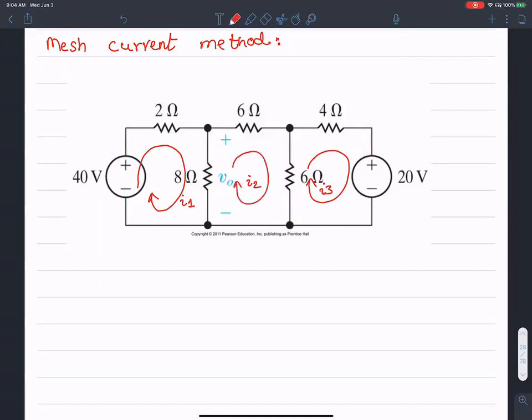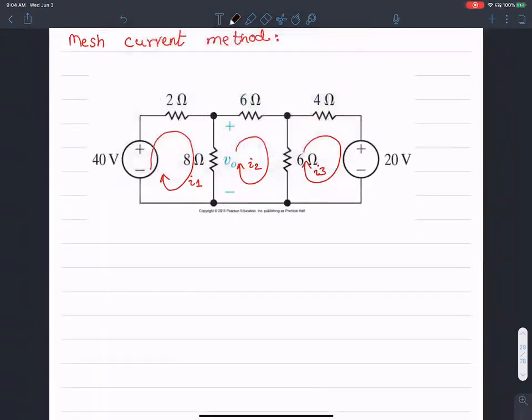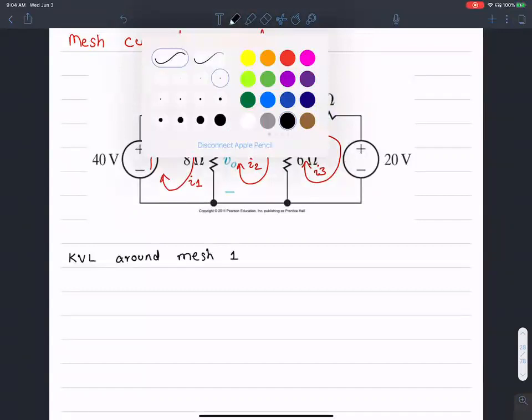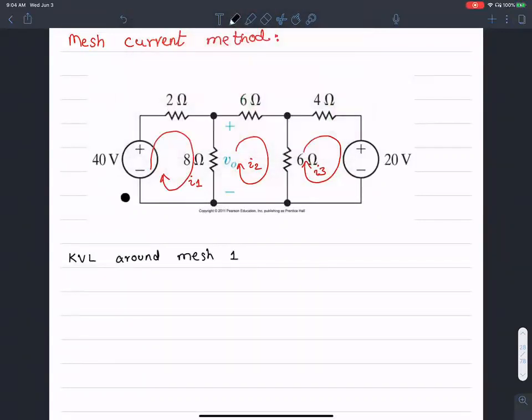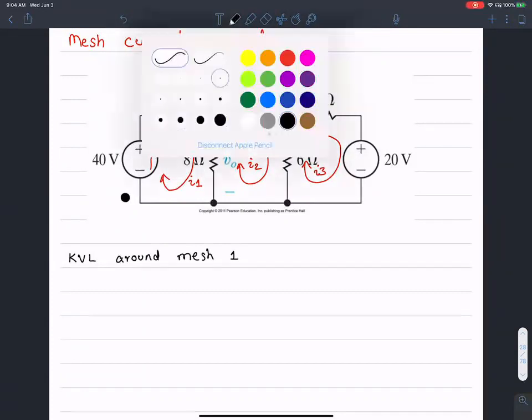The first thing I'm going to do is start by writing KVL around mesh 1, which, like I mentioned, is this one. So as always, I begin at the lower left corner and follow a clockwise path.